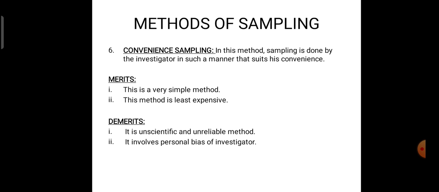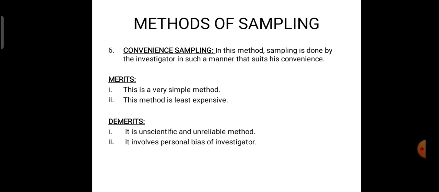Now coming to the merits and demerits. It is a very simple method, because we have to select the sample according to convenience. This method is least expensive. You do not have to spend so much to reach each and every item. You only have to approach the items that are conveniently available. Demerits: it is an unscientific and unreliable method, because you may select samples that do not represent the universe in the fullest manner.